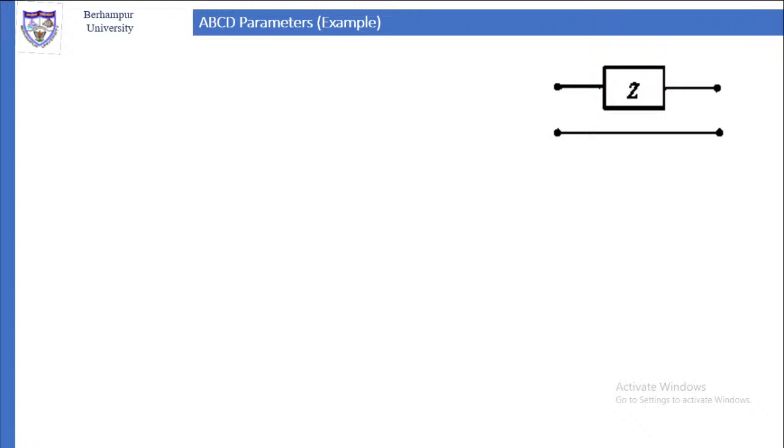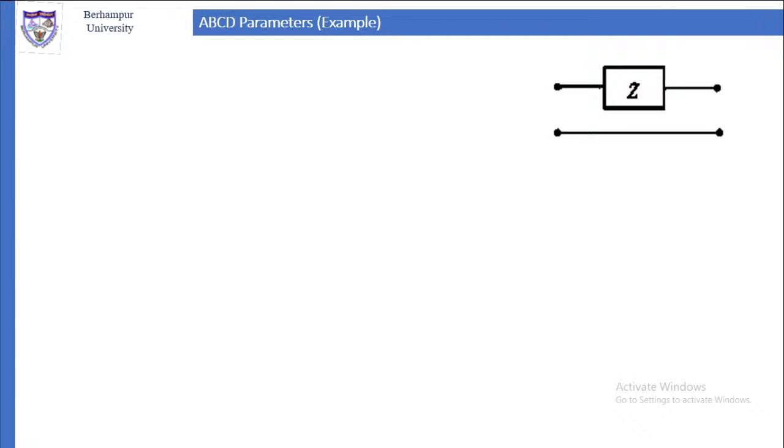So consider an impedance Z. If you consider an impedance Z and look at a two-port network which contains this impedance Z in series, not in shunt, it is in series, then let us find out, under this condition, the ABCD parameter.